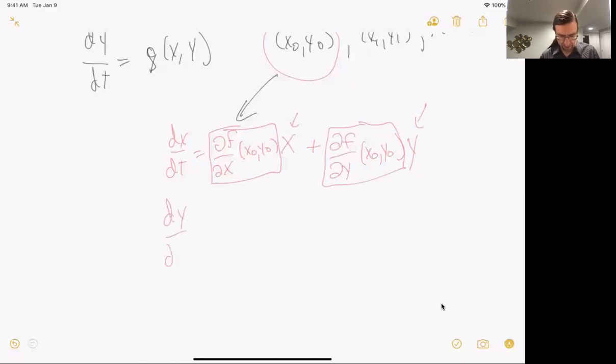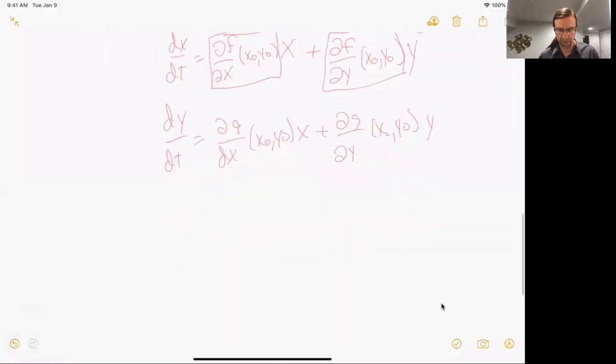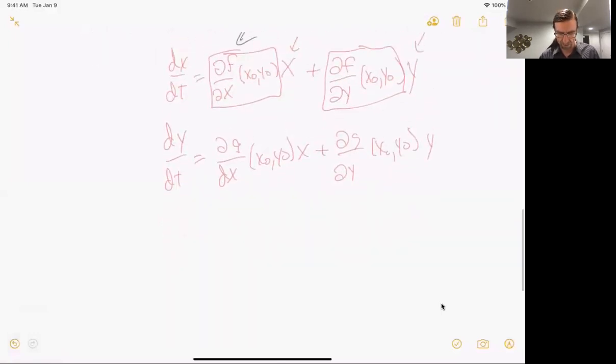The other half is dy dt equals the partial of g with respect to x at x0, y0 times the variable x plus the partial of g with respect to y at x0, y0 times the variable y. And if we like, we can write that in a more compact form, right?